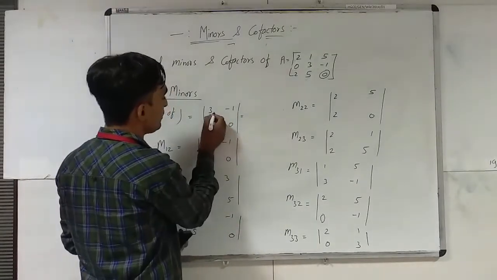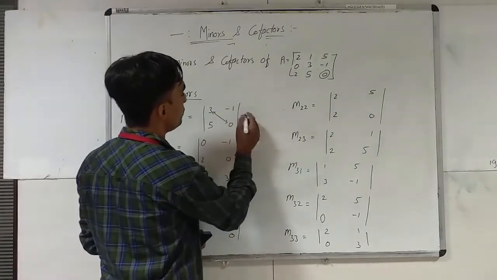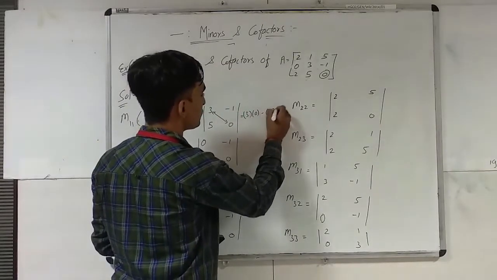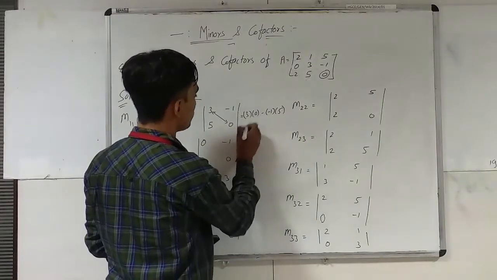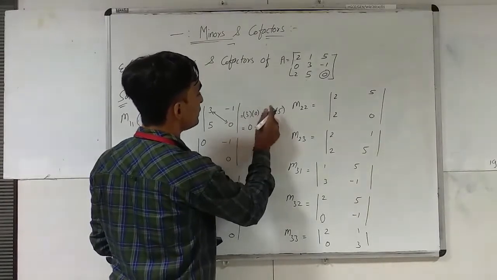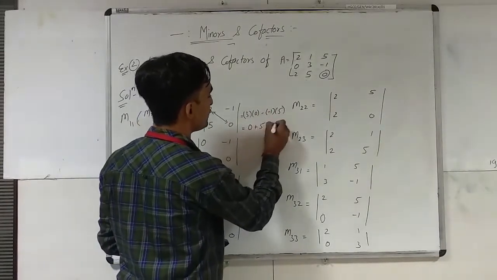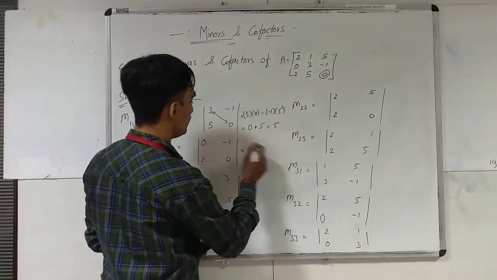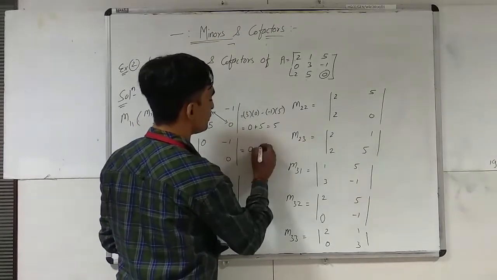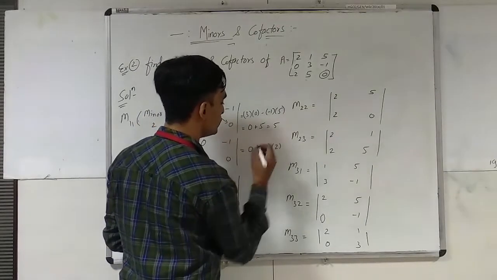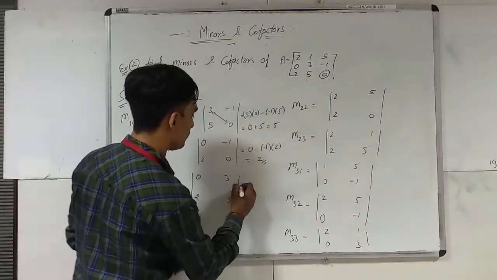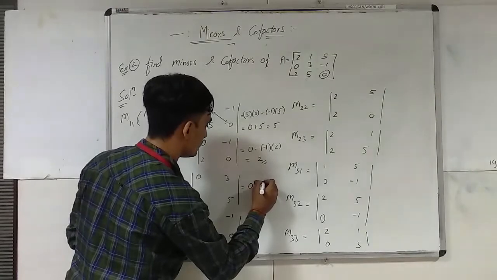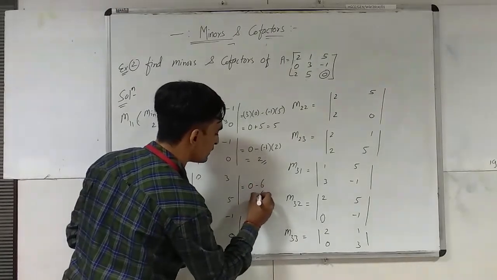Now, how to solve? Simply cross multiply these. 3 into 0 minus minus 1 into 5, so 0 plus 5, it is 5. Same way, 0 minus 1 into minus 2, so it is 2. Same way, 0 into 5, 0 minus 2 into 3, 6, so it is minus 6.